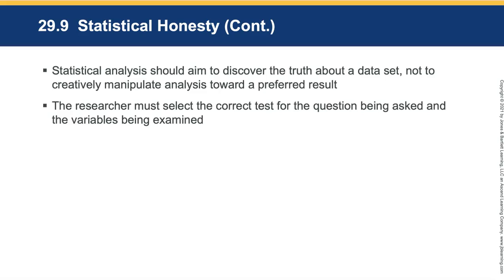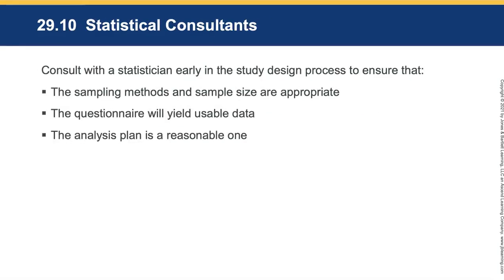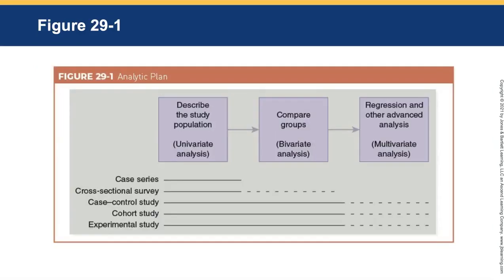You want to discover the truth about the data set. It's also important that the researcher select the correct test for the question being asked and the variables being examined. And when it gets really complicated, there are statistical consultants. So that's always an option if you get really advanced.